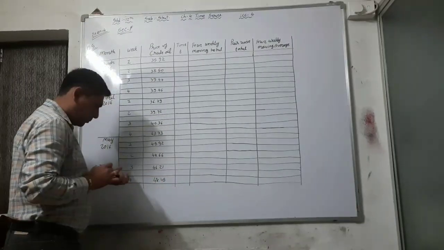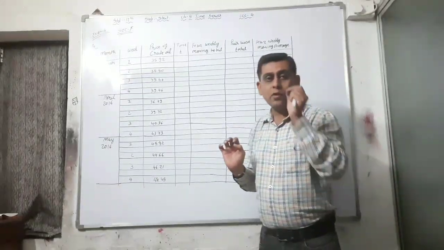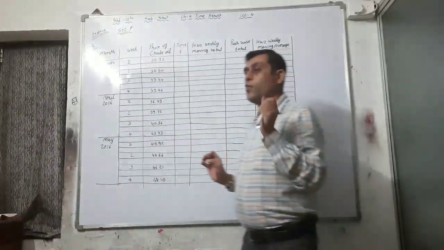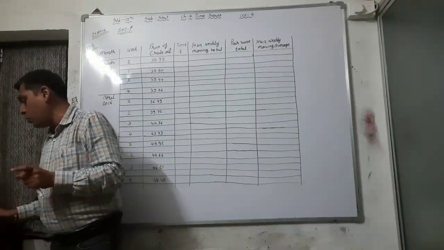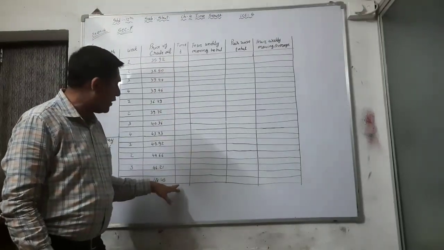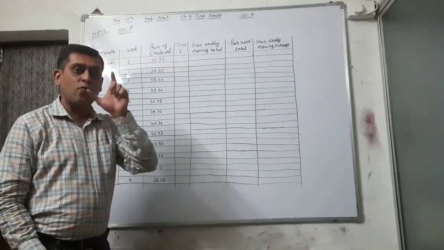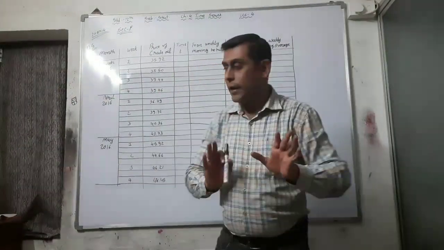See here, in illustration number 10, they are giving a time column, T column, and we are not doing that. We can skip it, or we can do whatever we want. If we write the T column, then it is okay. If we don't write the T column, then don't worry, it is okay, right?